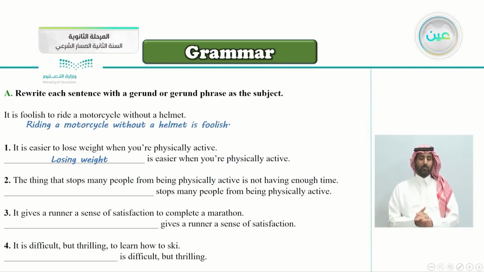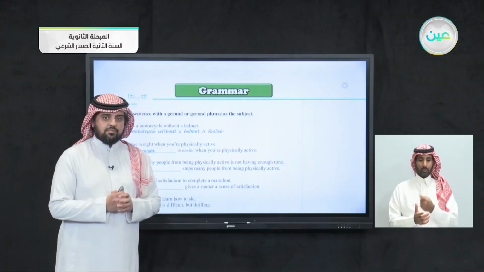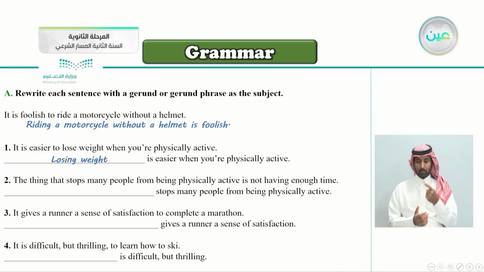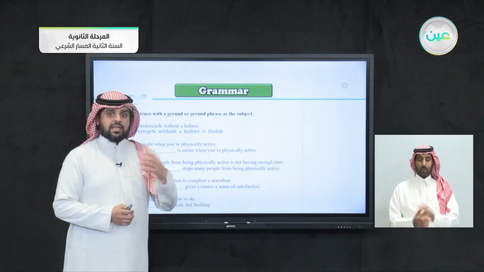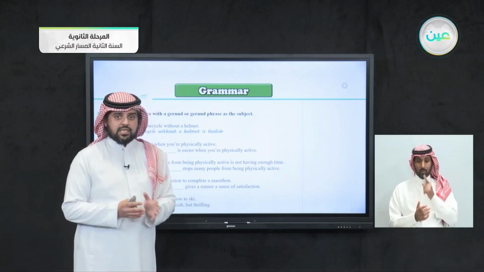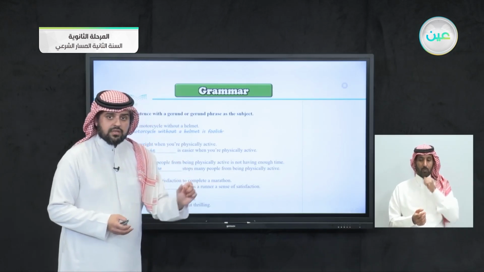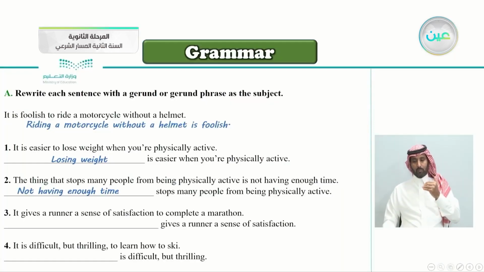So what do we write here in number two? The correct answer is not having enough time. We begin it with a negative, and if you want to make a gerund or a gerund phrase negative, just put the word not before it. Not having enough time stops many people from being physically active.